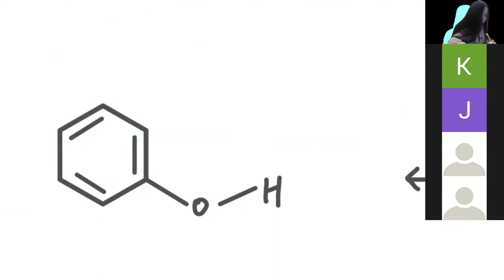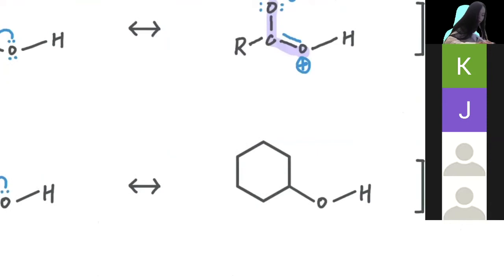The name of this compound is phenol. So you should be able to do similar stuff. By doing this, you can form the resonance structure. I will still use gray for the bonds that exist as they are, and then that's the newly forming bond, and there's a positive charge.